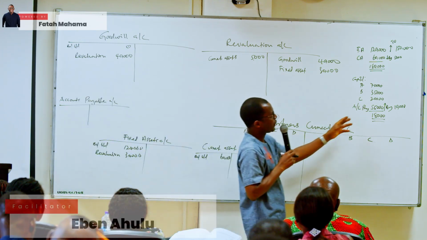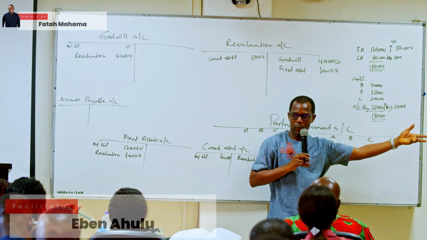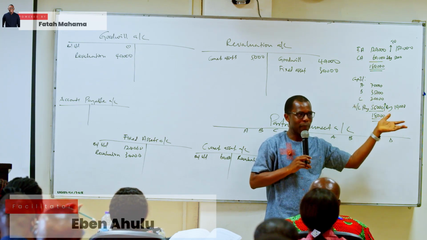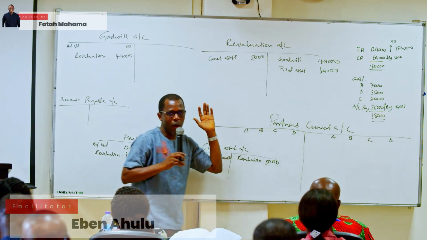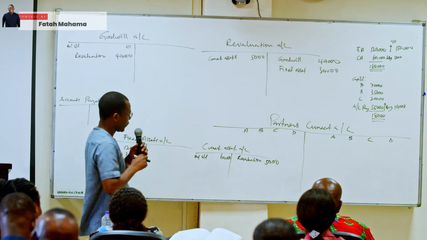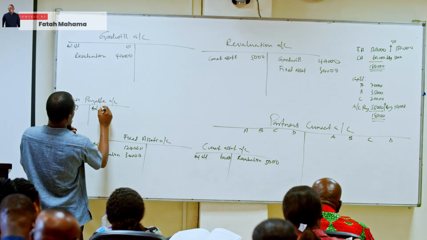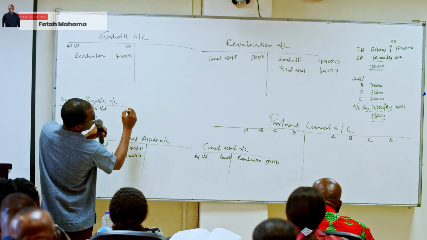Remember, this is a liability. The firm owes people. So the balance is credit. So all assets are debit. All liabilities are credit. Right? So the balance of the accounts payable, it's a credit balance of how much?